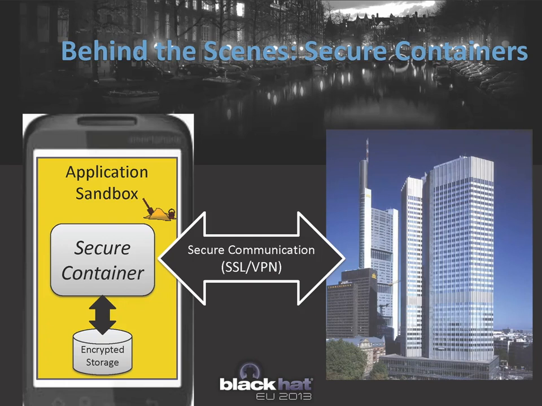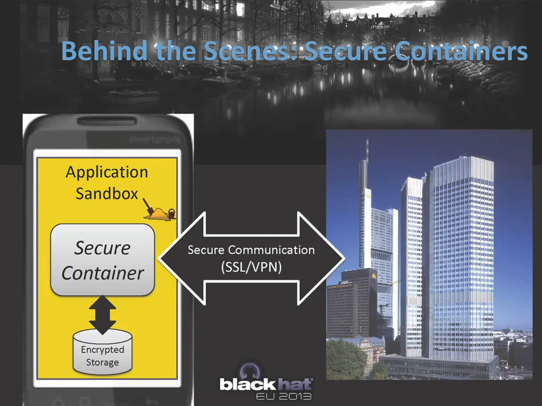Initially, it provides two functionalities. One is to secure the communication between the enterprise and the mobile device over either SSL or VPN, so no one can eavesdrop or do some kind of man-in-the-middle attack when the enterprise information, the emails, the calendars, the documents are being pulled to the device.